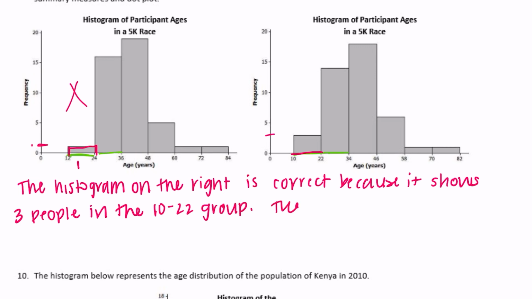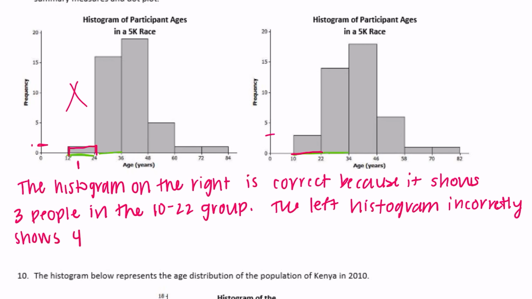The left histogram incorrectly shows one person.